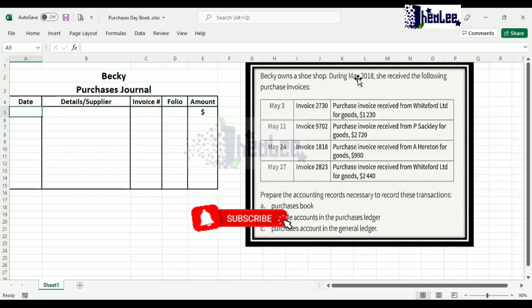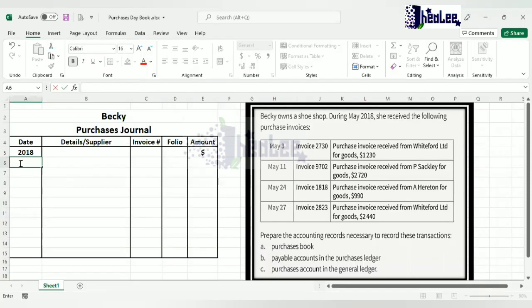So the first thing that you need to pick up is the date, and that is 2018 for the year. And we're looking at May 3rd. The transaction reads, purchase invoice received from White Ford Limited for goods, $1,230, and the invoice number is 2730. So the supplier's name there is White Ford Limited.